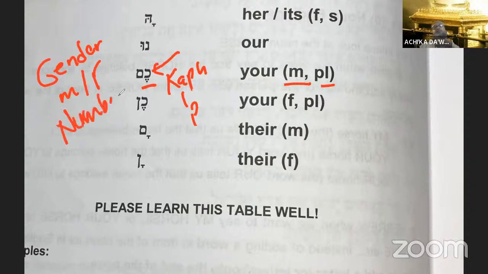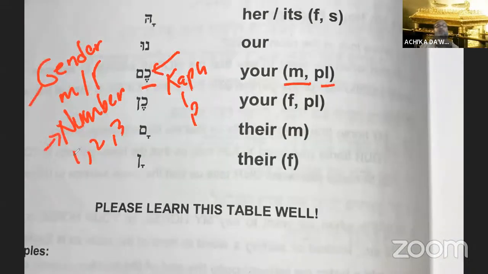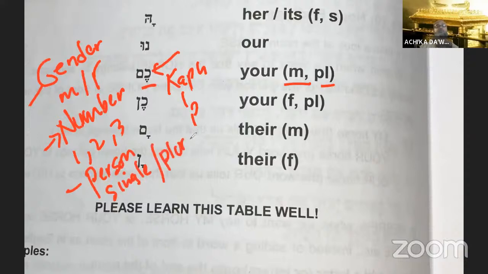Number is singular or plural. How many persons? Is it one person, two people, three people, ten people? Who are you talking to?